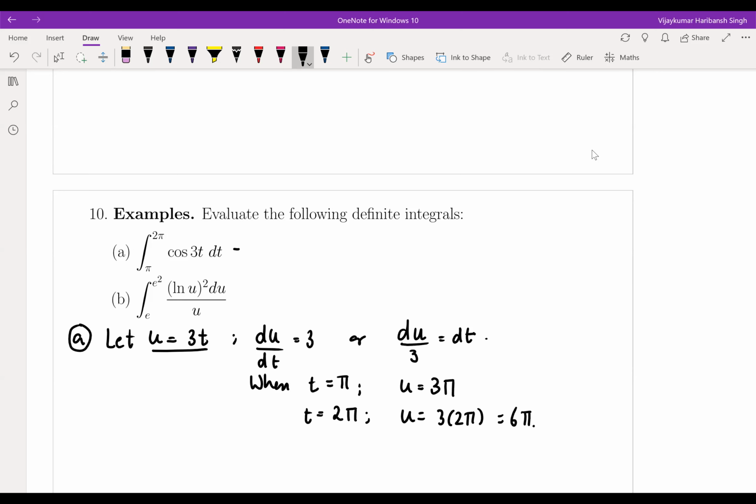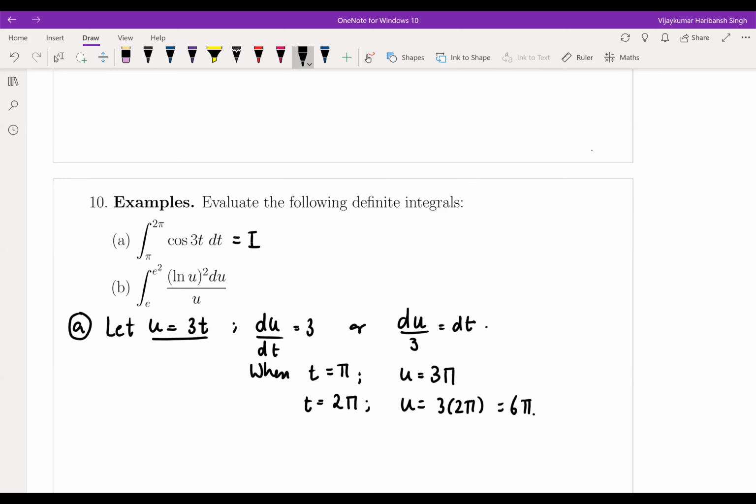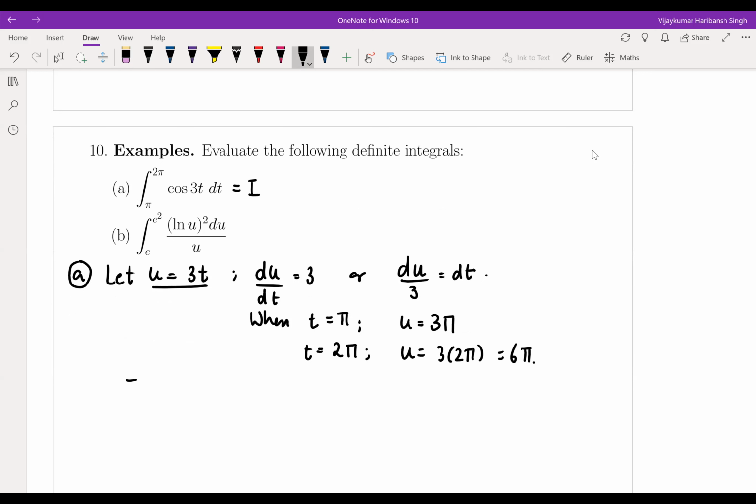So let's call this integral I. This integral will convert now, so you can convert everything. The limits of the integral will change. Instead of pi, you will have 3 pi. Instead of 2 pi, we'll have 6 pi, and the integrand is cosine of u du by 3. Let's just keep that 3 here.